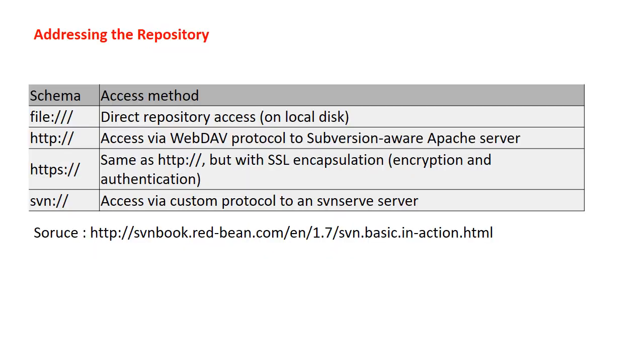Depending upon the repository location, you have to use a different scheme. In the previous example, we created the repository on the local host, so to access that repository, we used file colon triple slash. Assume my repository is in a different place, on an Apache server. To access it, you have to use http://.